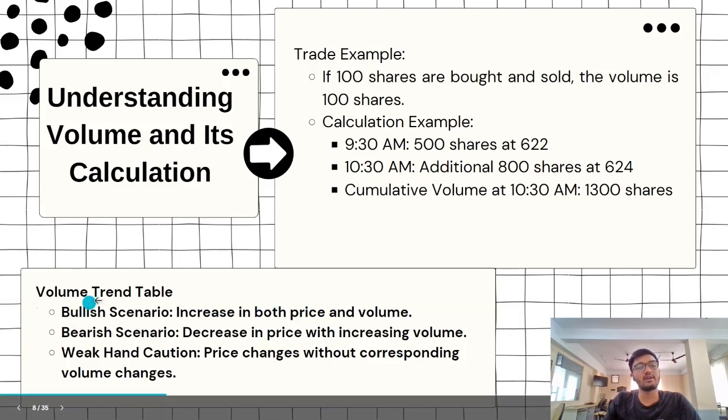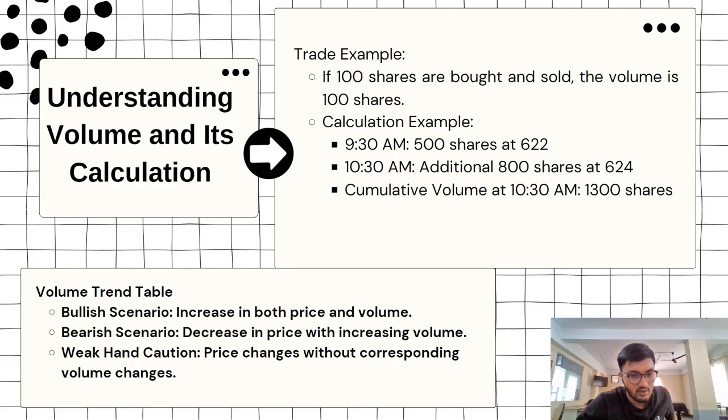So the volume trend table: a bullish scenario is an increase in both. If there is an increase in both price and volume, it indicates there is a very good chance of that stock or that particular index going up. It's a perfect bullish scenario.